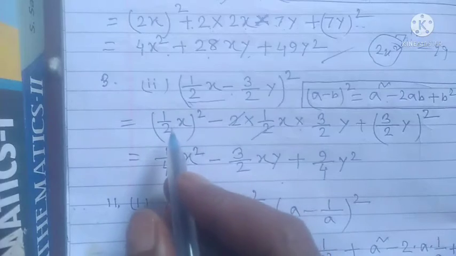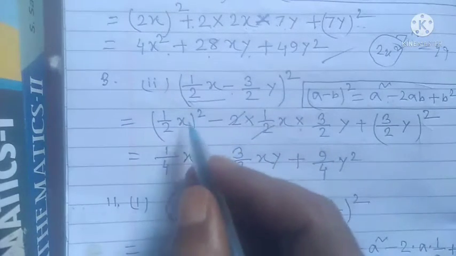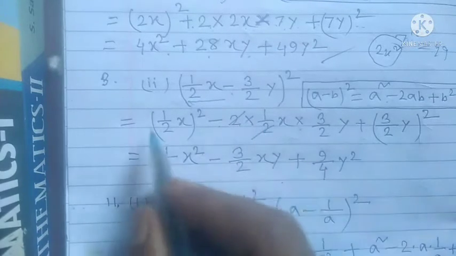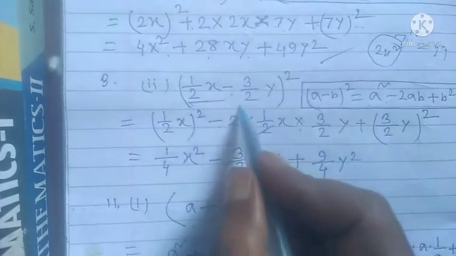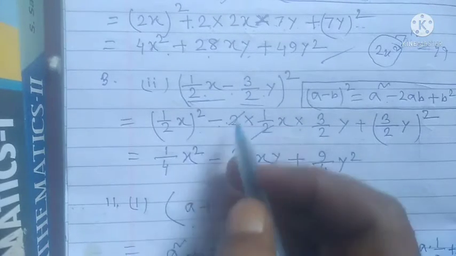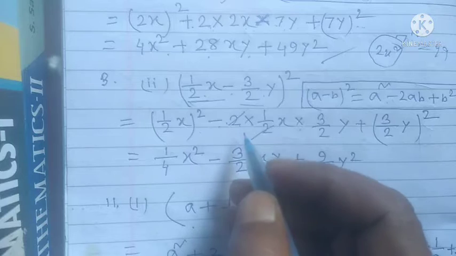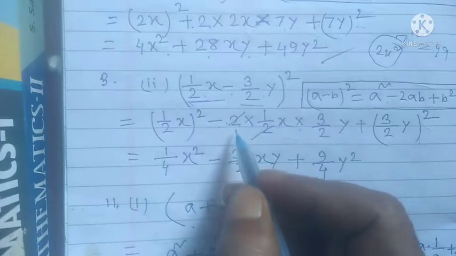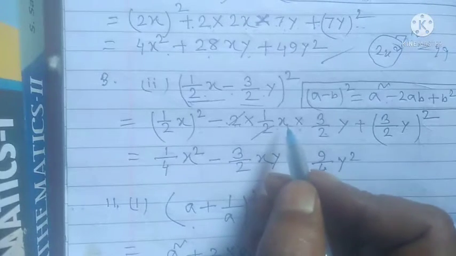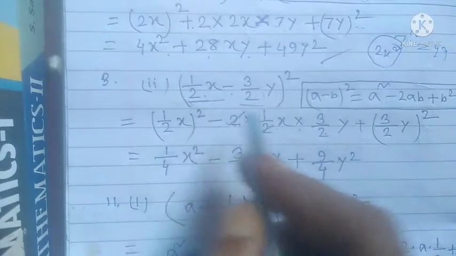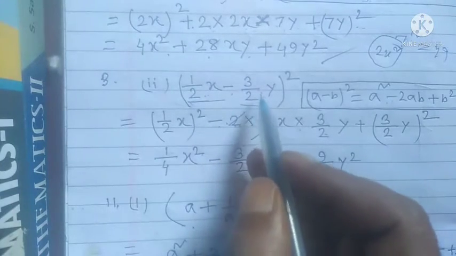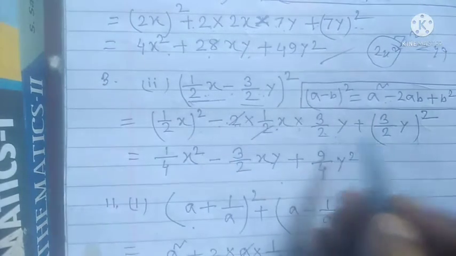Here 1 by 2x will be squared, minus 2 into a into b. I think you can see easily, here is 2 into a into b. So 1 by 2x in the place of a, you have to write this in the place of a, and we have to write this in the place of b.